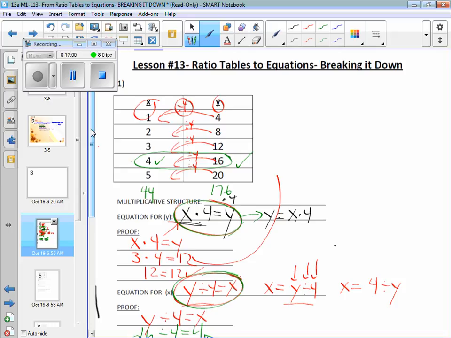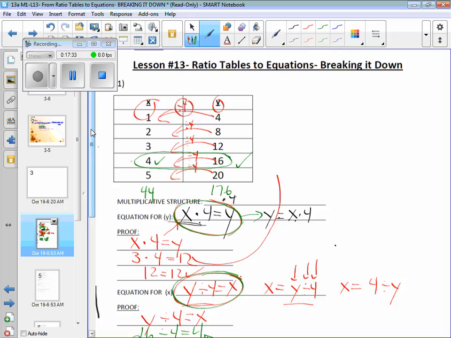Because look, do you really want to do all of the numbers in between, 5 to 20, 6 to 24, 7 to 28, 8 to 32, until you get to 44? Your table would be 5 pages long. If you know how to form the equation, you can find the equivalent ratio for anything. To form an equation, all you really need to know is multiplicative structure. And you got to practice it. It takes practice.